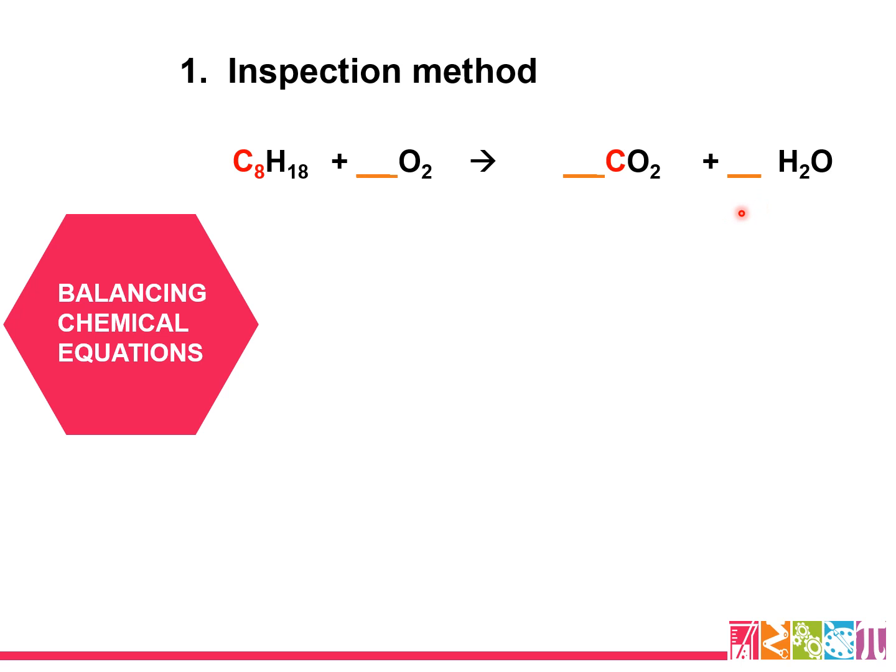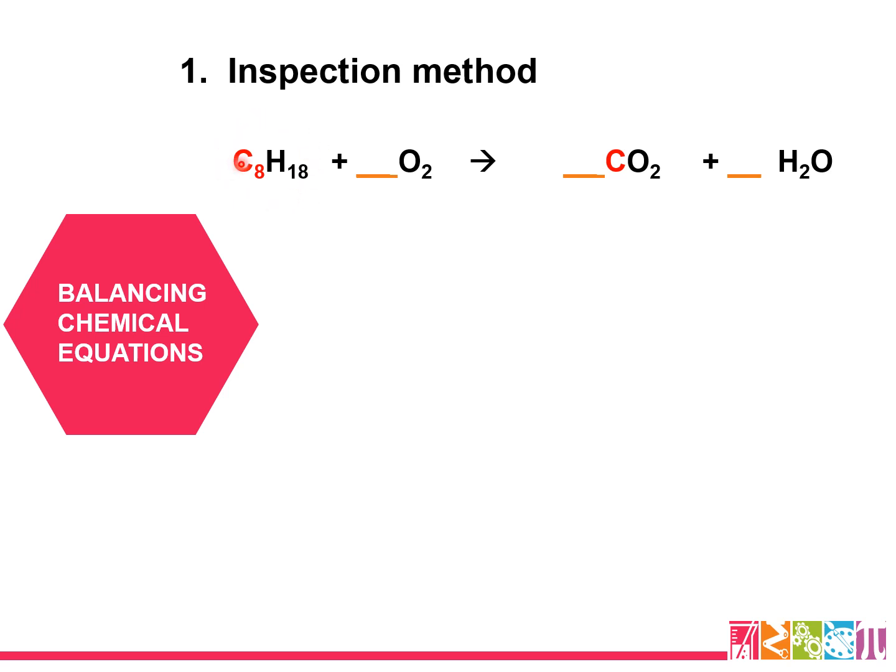How to balance it? Students should start balancing with the complex molecule, here referring to C8H18. Complex molecule means it has a large molecular formula. So you start with this complex molecule.